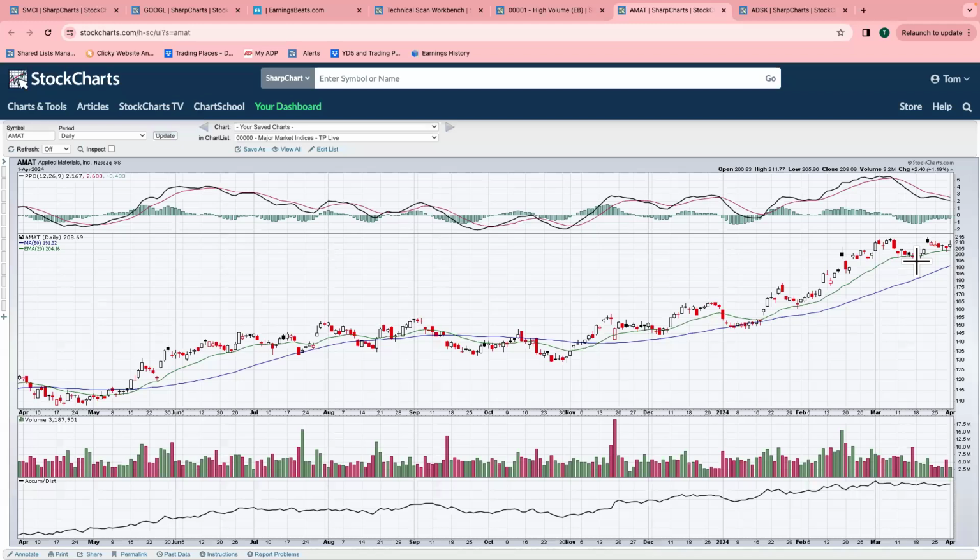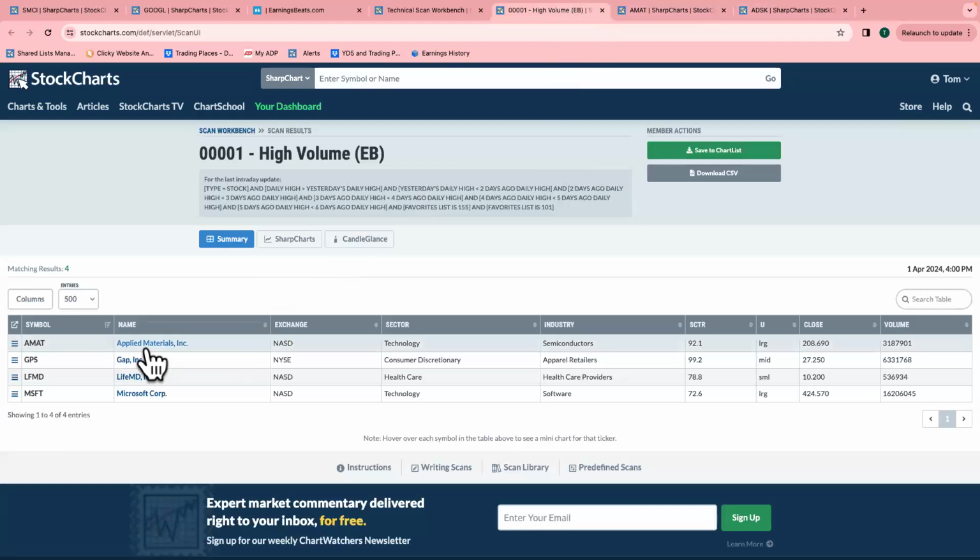That's $25 from where we are right now, and I put a $5 stop in play. That's a 5-to-1 reward to risk ratio. Pretty interesting. So Applied Materials looks pretty good to me as possibly reversing. I mean, just pulling that up, that scan gives us a possible trade.